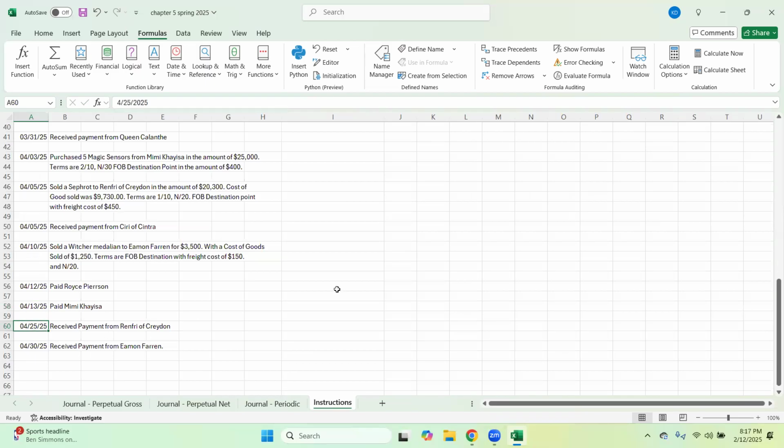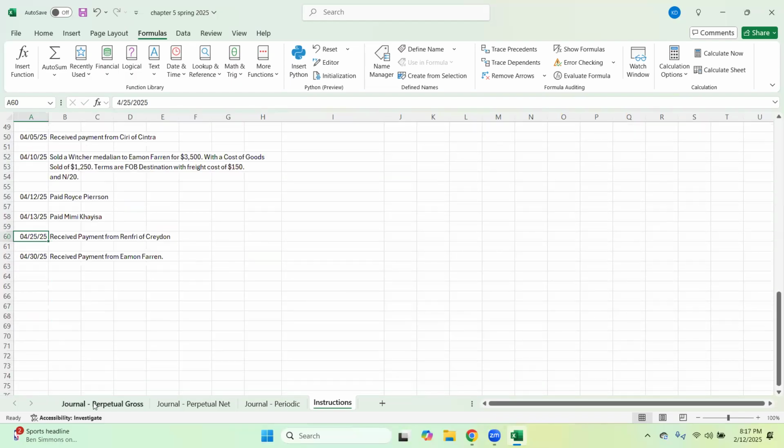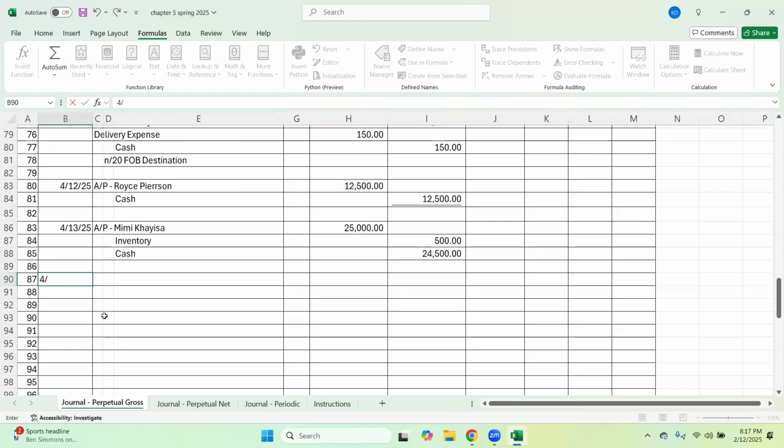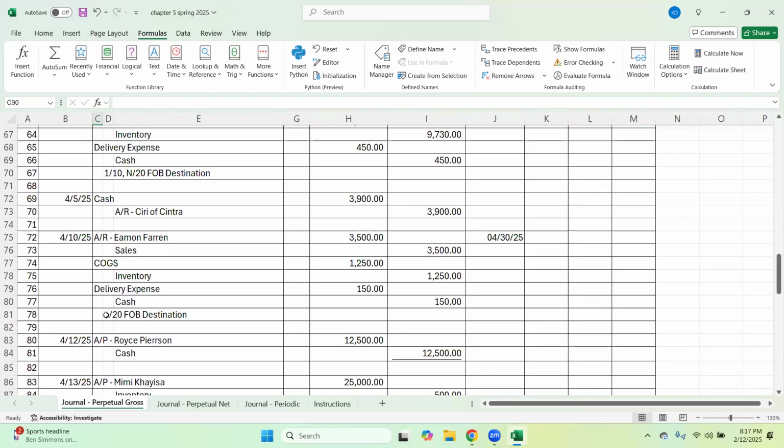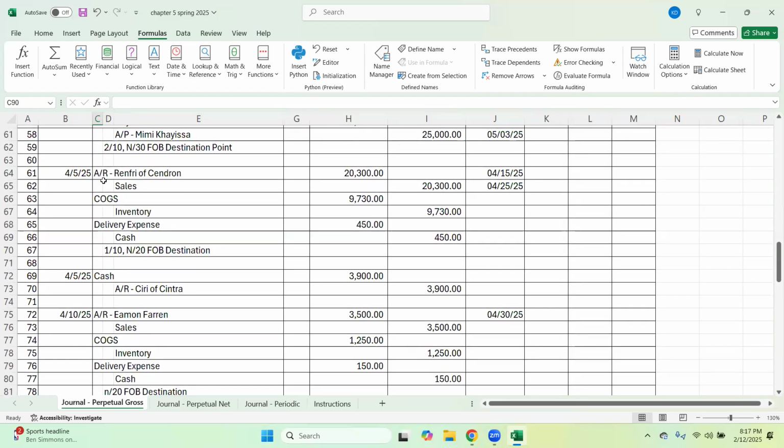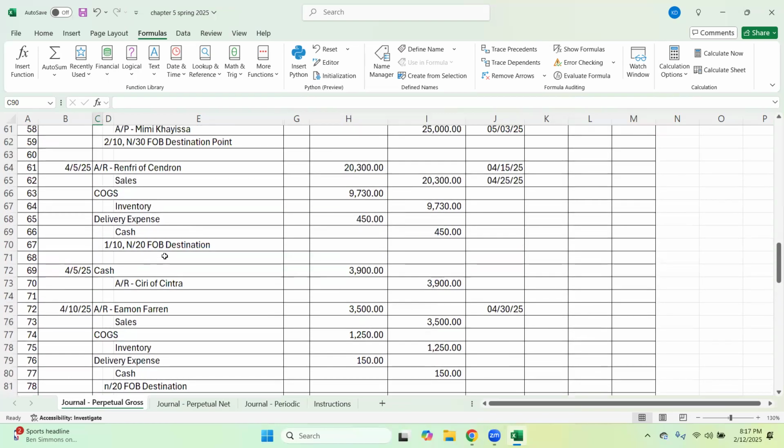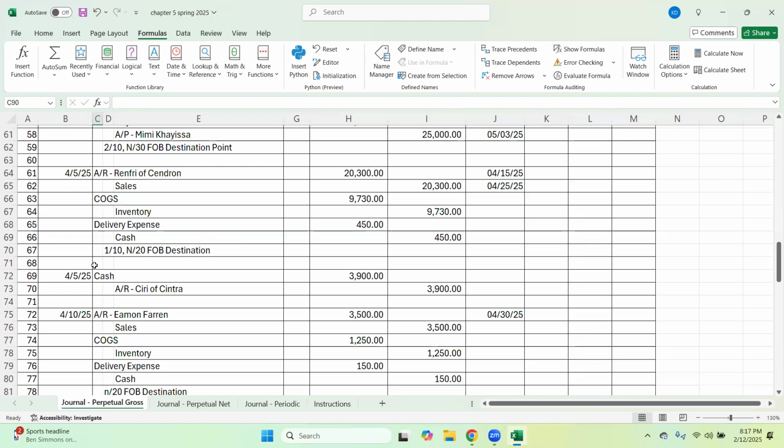Okay. Receive payment from Renfree of Creedon on 4/25. Okay. If he pays within the discount period, and he's not, he didn't pay on the 15th.